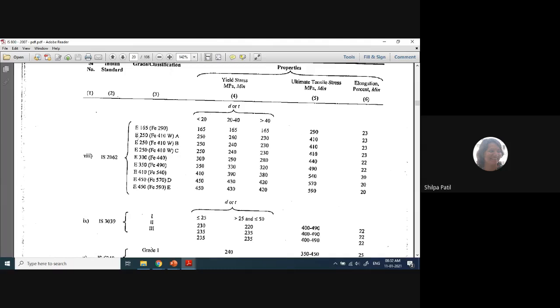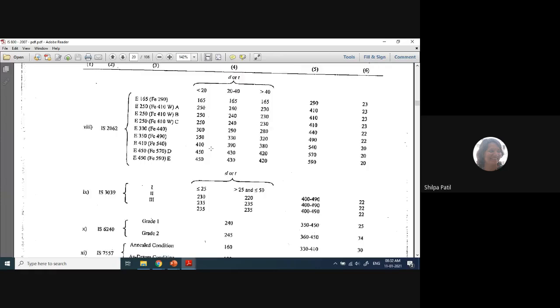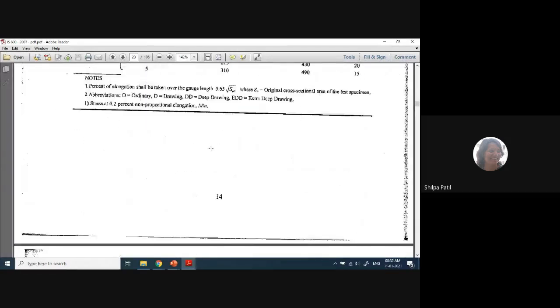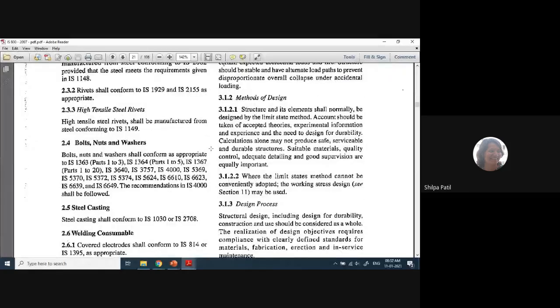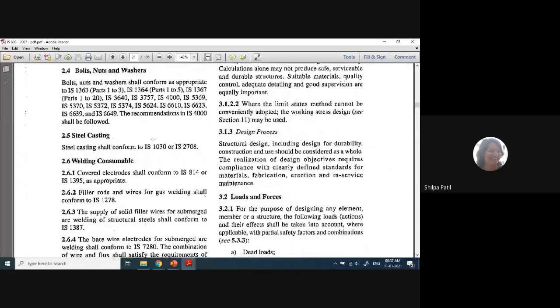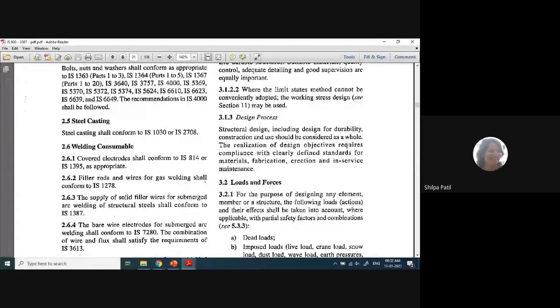E250 represents the yield strength, FE410 represents the ultimate stress. Their properties are given over here. So this is IS 2062. The rest is not required for us right now. Then the various codes related with the bolts and nuts, various codes related with the welding.